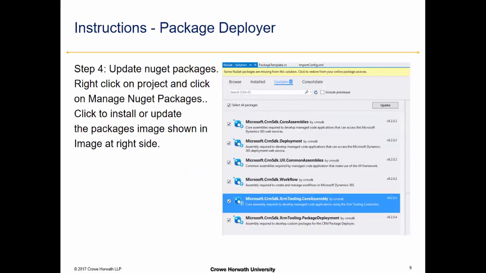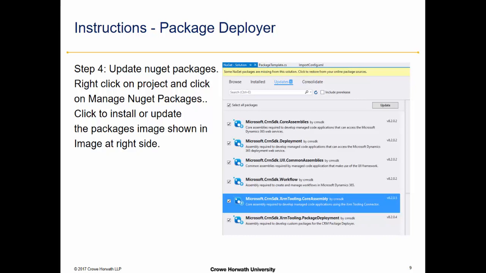So here's the list of some NuGet packages that you need to update on the project. You need to go to the project, and then go to manage NuGet packages. Then when you see all these packages, you need to select all of them and click on update.